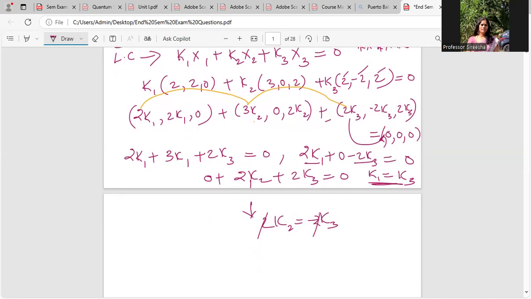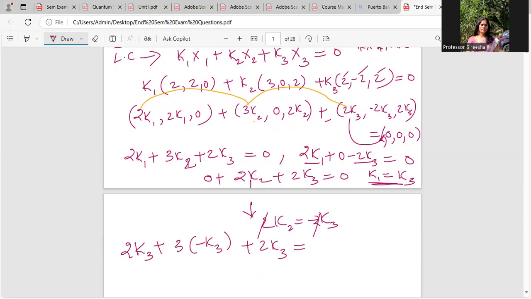I can just substitute these relationships in the first equation. k1 I will take as k3, so 2k1 is 2k3 in the first equation. Of course, this is 3k2, I'm sorry, it's a printing mistake. K2 I have got to be minus k3, so 3 times minus k3 plus 2k3.